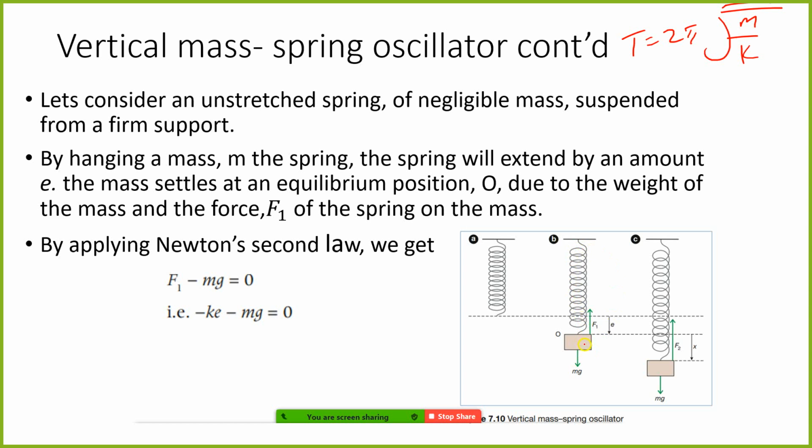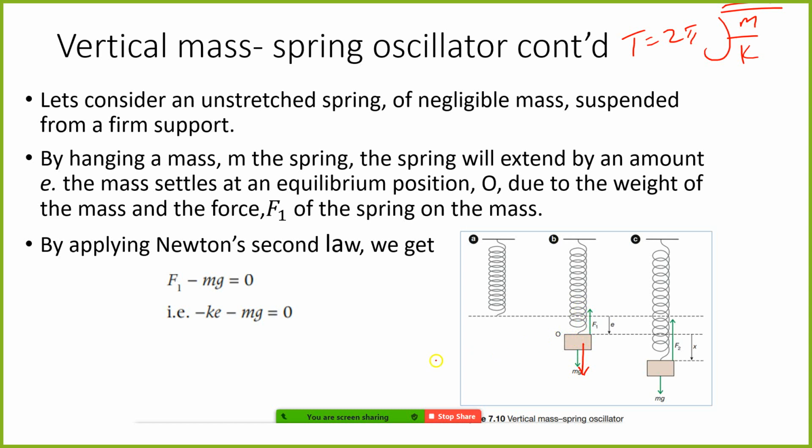Mind you, this spring right here is not oscillating, it's not moving. It's just stretched, or some weight is hanging on it. Now, as you can imagine, whenever you have a spring and you apply some level of force on it, such as a weight, it's going to have a force acting downwards, which is what we call mg. And of course, once you're dealing with a spring, there's going to be a restoring force.